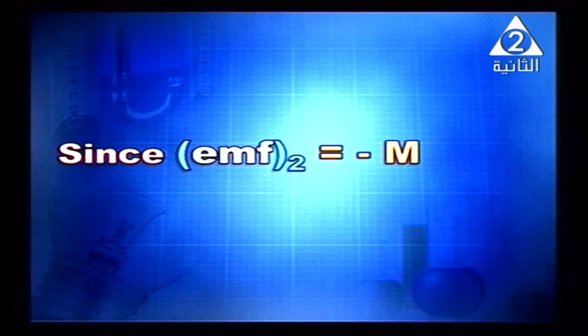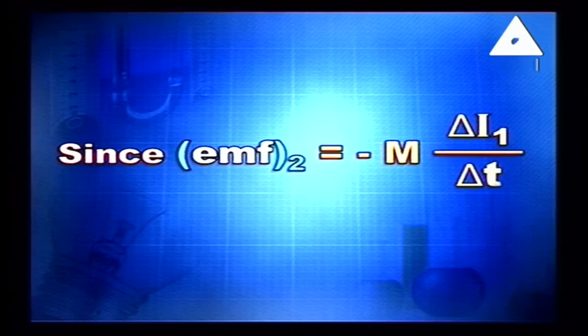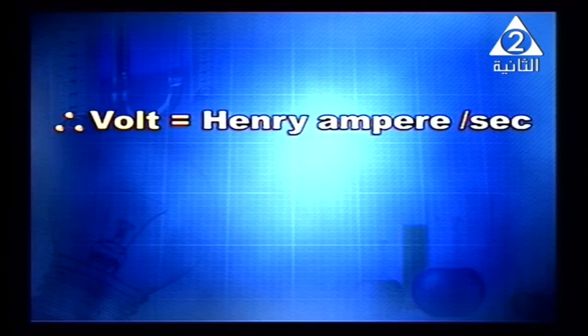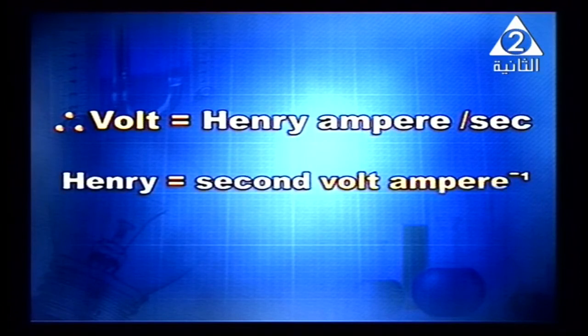Since EMF2 is equal to negative M delta I1 over delta T, we can say volt is equal to Henry ampere over second. This is very important.